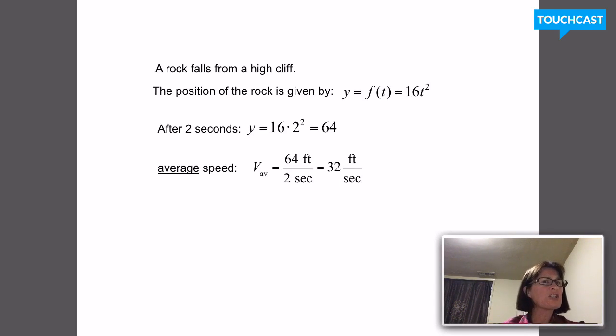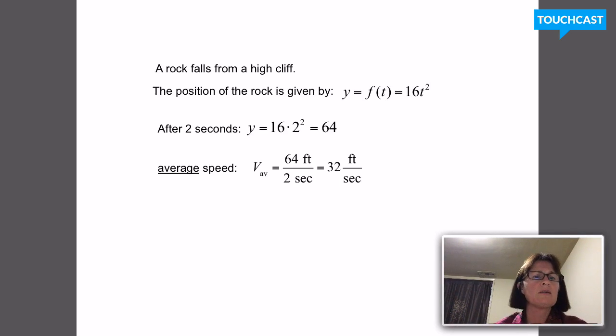So I've called that function f of t. I've also called it y, just sort of to imply that it's a change in height as opposed to a horizontal change that I might have called x. So a change in height. And we know the position of the rock is given by this function, 16 times t squared.